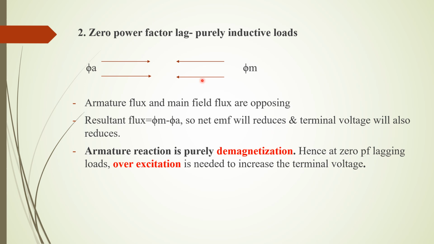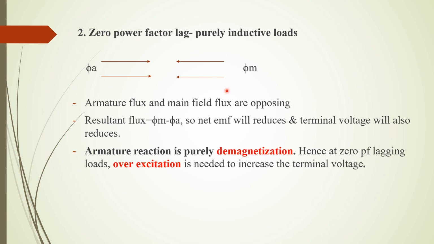As a result, reduced voltage will appear across the terminal side. So the terminal voltage will be reduced due to this effect, and this effect is known as purely demagnetization effect of armature. So this type of armature reaction will be purely demagnetization if the load is purely inductive at zero power factor lag.